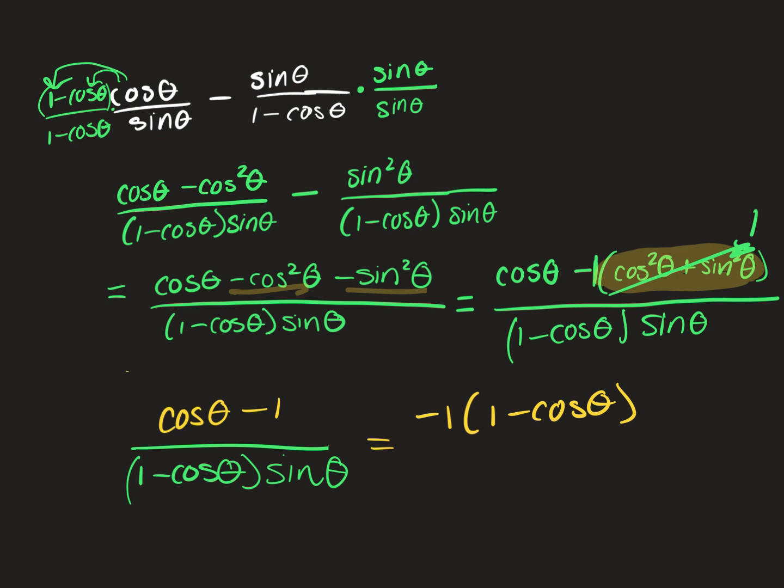This is where I lost you guys last time. Right? So if I take out the... Technically, that would be negative cosine plus 1. But then I just switched them around to get here. Because cosine divided by negative 1 is negative cosine. Negative 1 divided by negative 1 is positive 1.